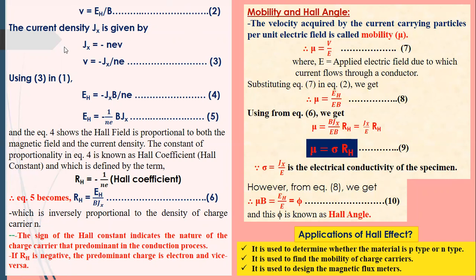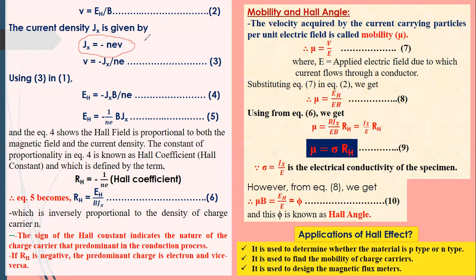But we know the current density, whatever amount of current is passing through the metal slab, is denoted by Jx, and Jx is nothing but minus NeV. Here N is the density of mobile charge, e is the electron charge and V is the voltage.